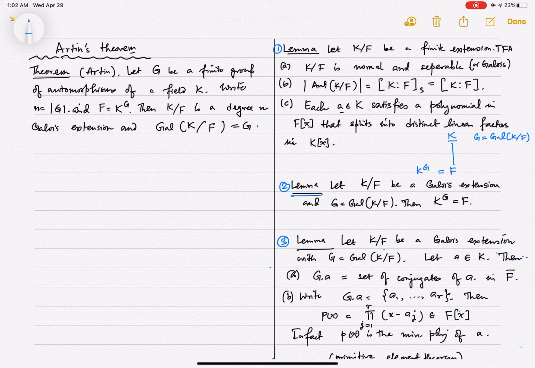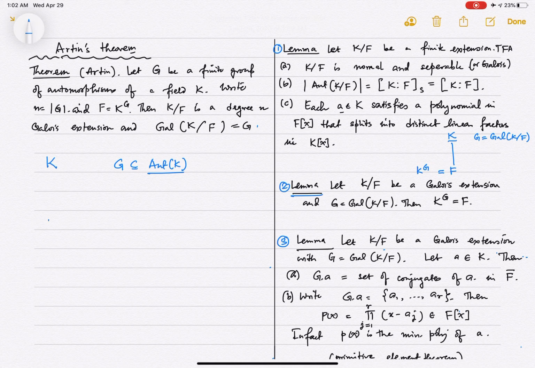It says that you start with a field K, any field, and let G be a finite subgroup of the automorphism group of K. This means the set of field isomorphisms from K to K. Okay.